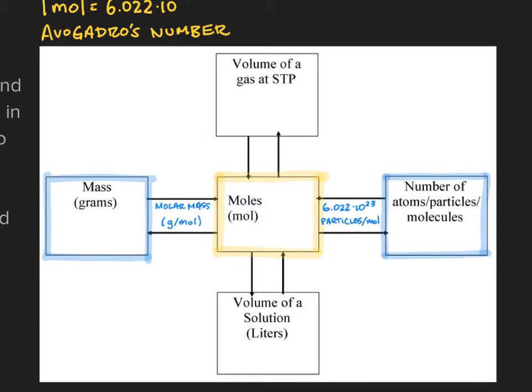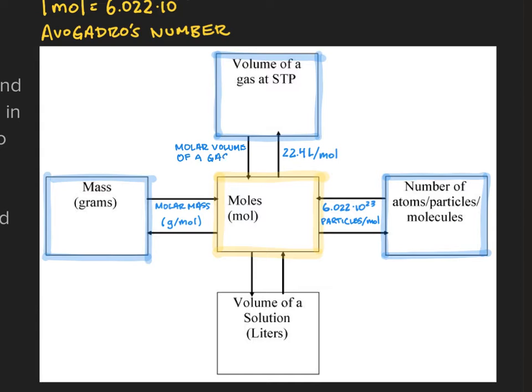Remaining on our mole map now, we have 2 volume measurements. The first of those is the volume of a gas under standard temperature and pressure conditions. And as you all remember, both from our discussion of moles last year, as well as from our discussion of gas laws, the molar volume of a gas is equivalent to 22.4 liters per mole as long as we are under standard temperature and pressure conditions.